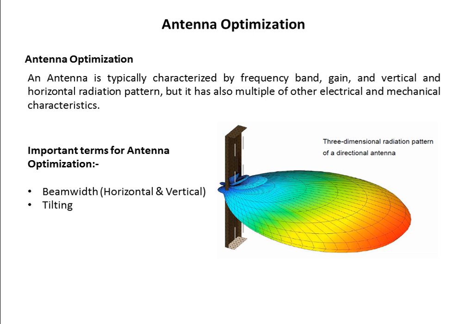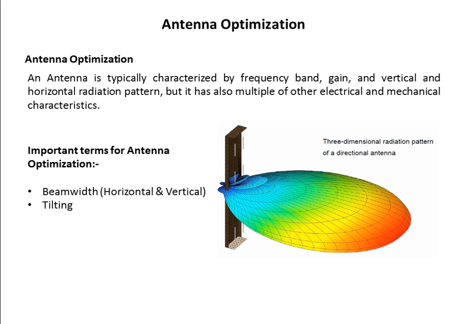Now, what are the important terms which take part in the antenna optimization process? These are the horizontal beam width of the antenna, which defines the horizontal coverage, and the vertical beam width of the antenna, which also defines the ground coverage as well as the front lobe buildings and various clutter coverage, and tilting of the antenna.